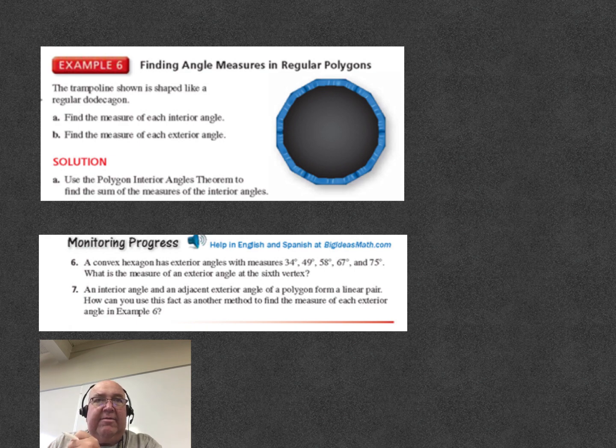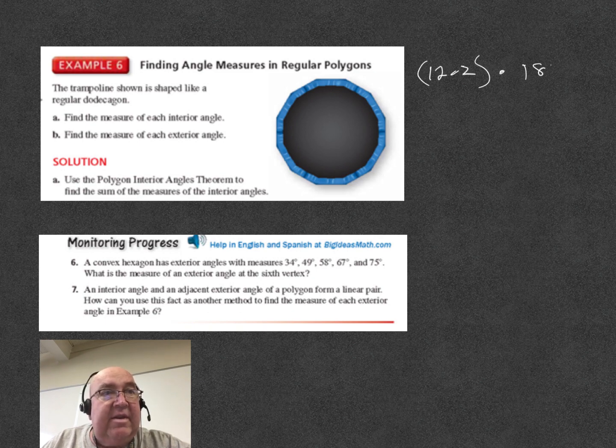We have a shape that's a dodecagon, which is 12-sided. So we're going to go 12 minus 2 times 180 to find the measure of the interior angles. So 12 minus 2 is 10.